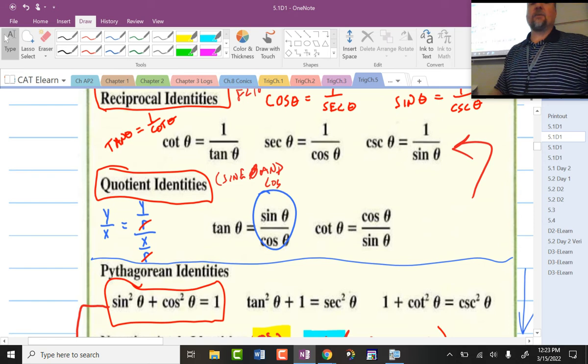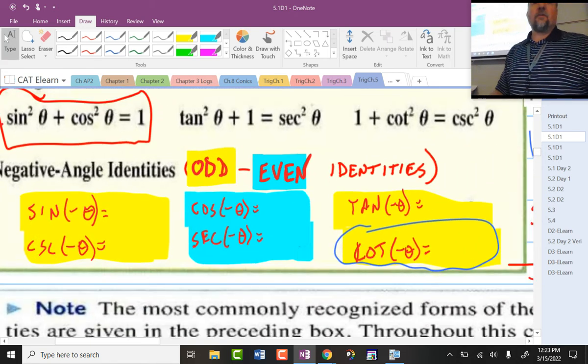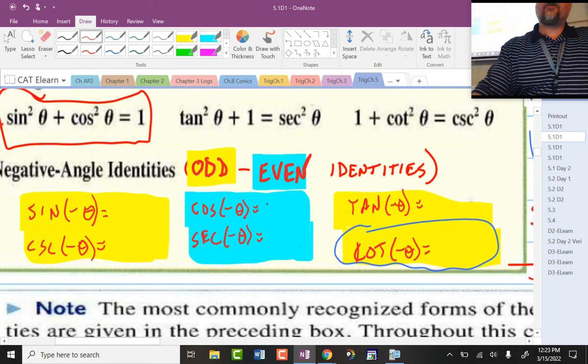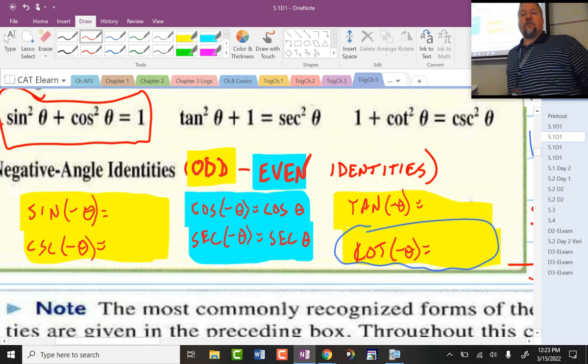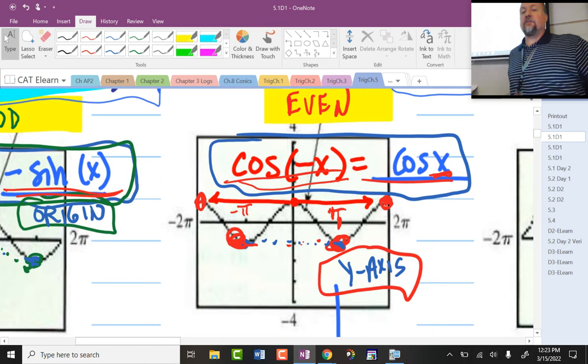All right, and then the last ones I actually already covered. So the only thing I can tell you for memorization is just remember cosine, it doesn't matter. And all the other ones, it does. That's my little trick on these. So remember I told you when I did cosine of 2 pi is equal to cosine of negative 2 pi.